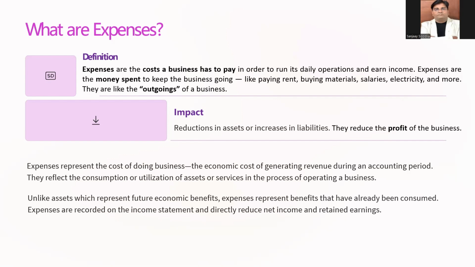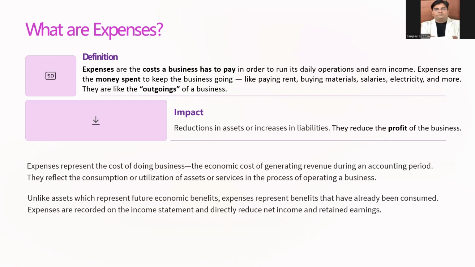How we are recording the transactions and how they are impacting, this is something we will discuss in the subsequent sessions. For now, just understand that any amount that the business is spending to carry on the business is termed as expense. That is number one. Number two, it results either in decrease of assets or increase in liability.